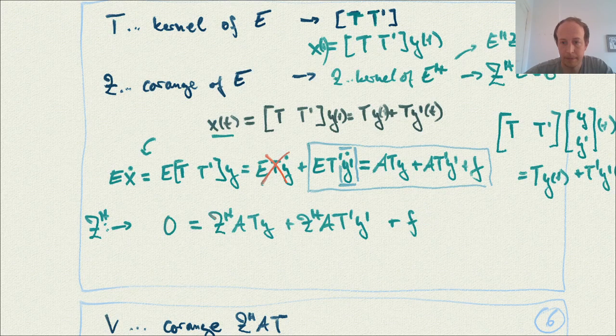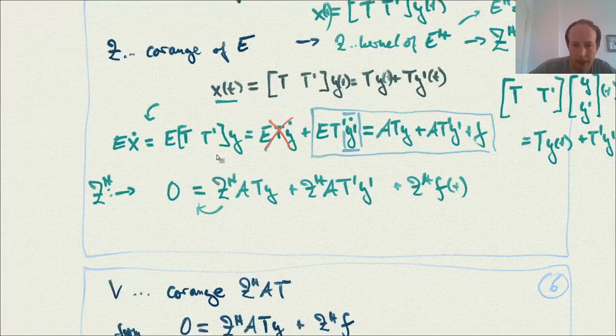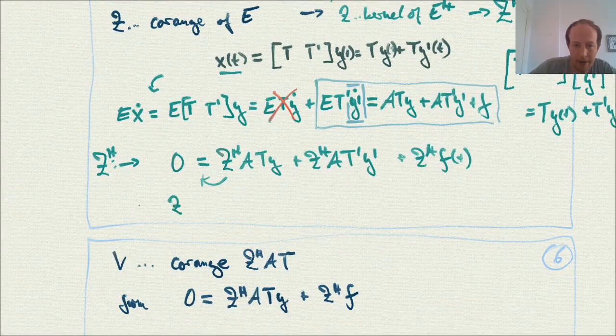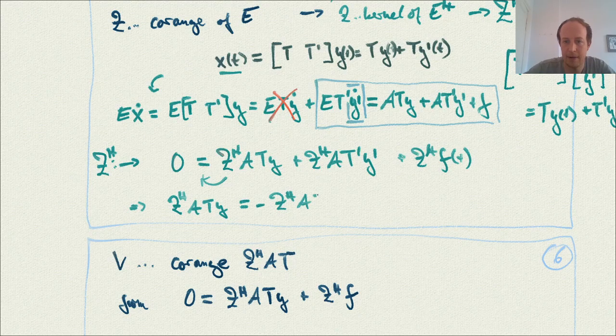We can put this on the other side, and then we arrive at Z^H A T y is minus Z^H A T dash y dash plus Z^H f.